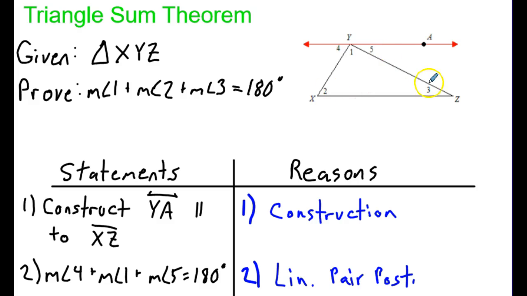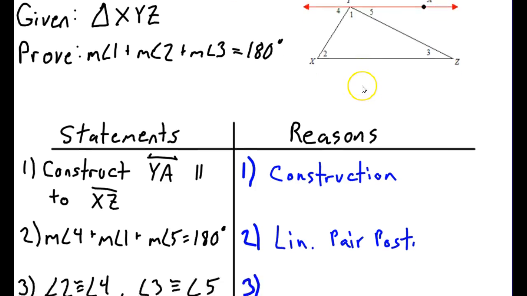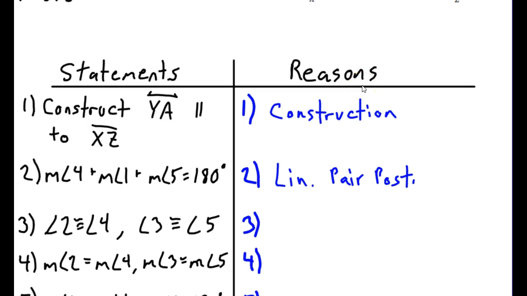And the same with angle 5 and angle 3. If we treat this as a transversal, YZ, angle 5 and angle 3 are alternate interior angles as well. We know if two lines are parallel cut by a transversal, alternate interior angles are congruent. So the reasoning for this, those are alternate interior angles.